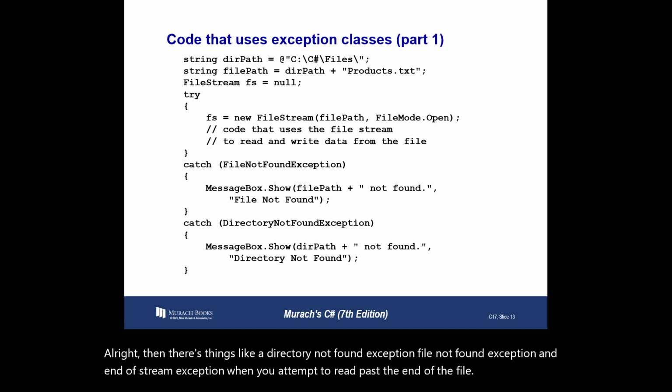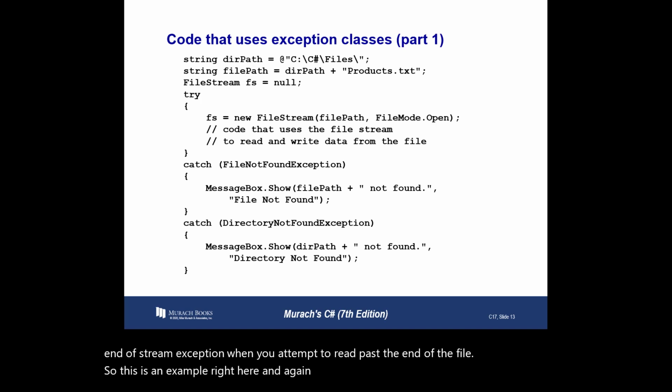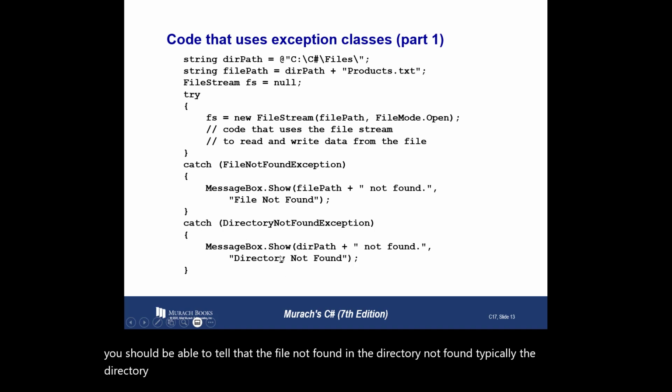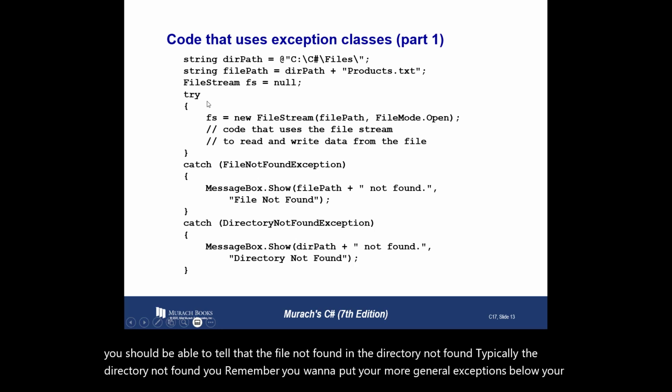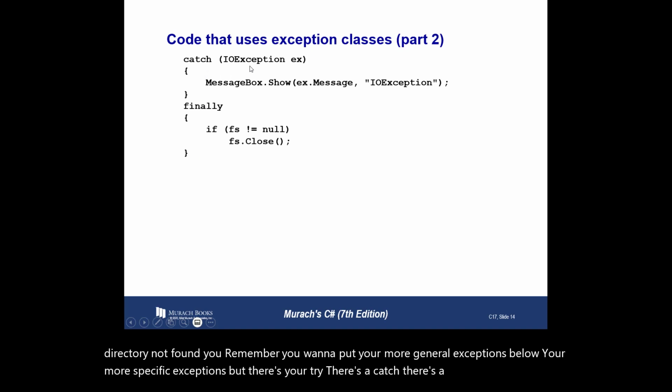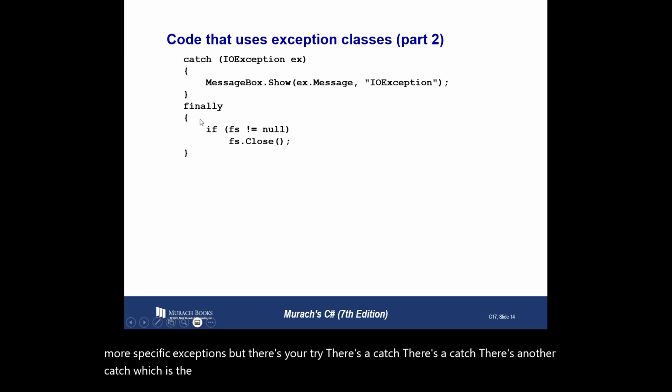So this is an example right here. And again, you see that it's in a try-catch. You can also tell that for file not found and directory not found, you remember you want to put your more general exceptions below your more specific exceptions. But there's your try, there's a catch, there's a catch, there's another catch, which is the most generic one of all, and there's your finally.